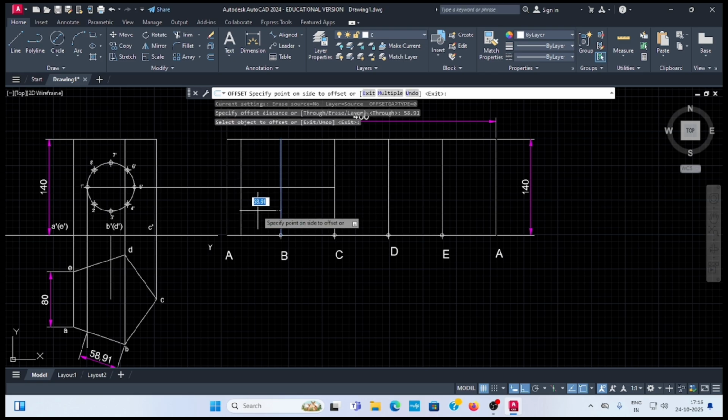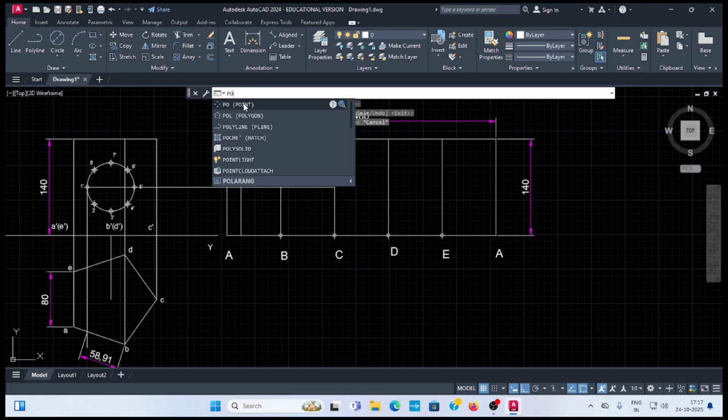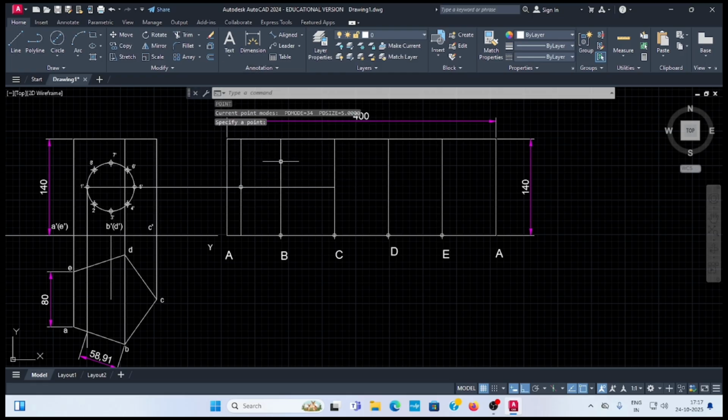This line offset this side, so 1 dash is projected here, so I find this first point. Mark the point here. Okay.